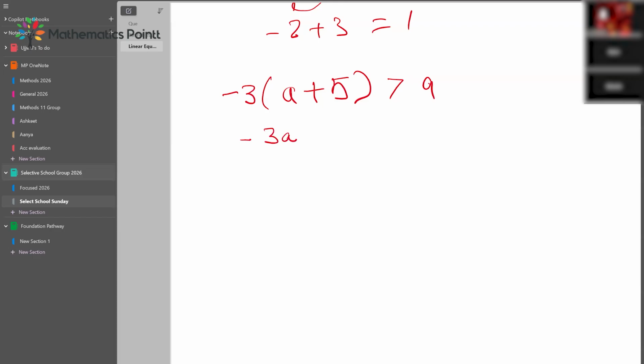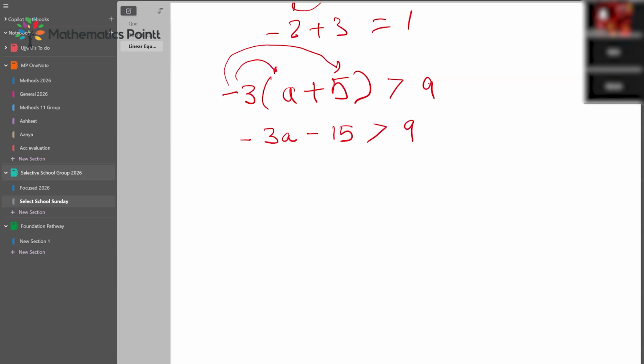Negative 3a minus, now this negative 3 is going to be multiplied across when I open up the distributive law of algebra. Greater than 9. I think someone wrote this.